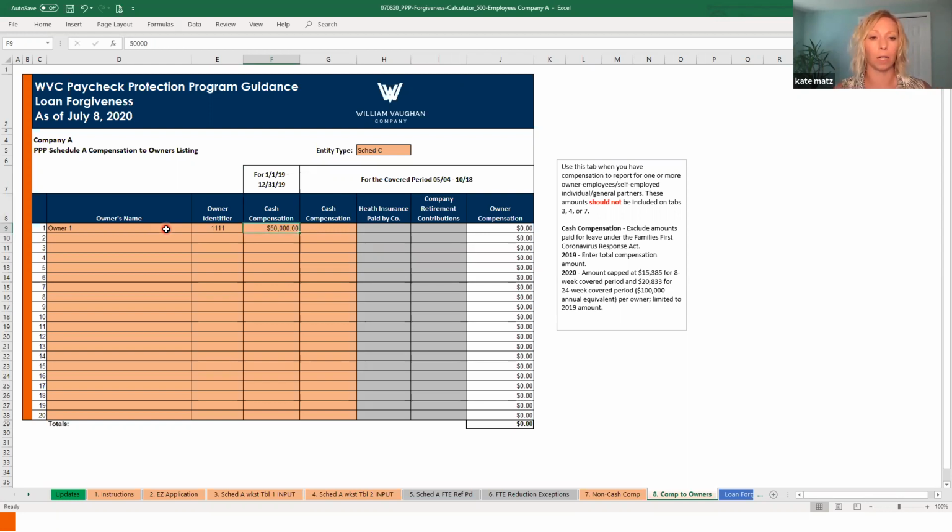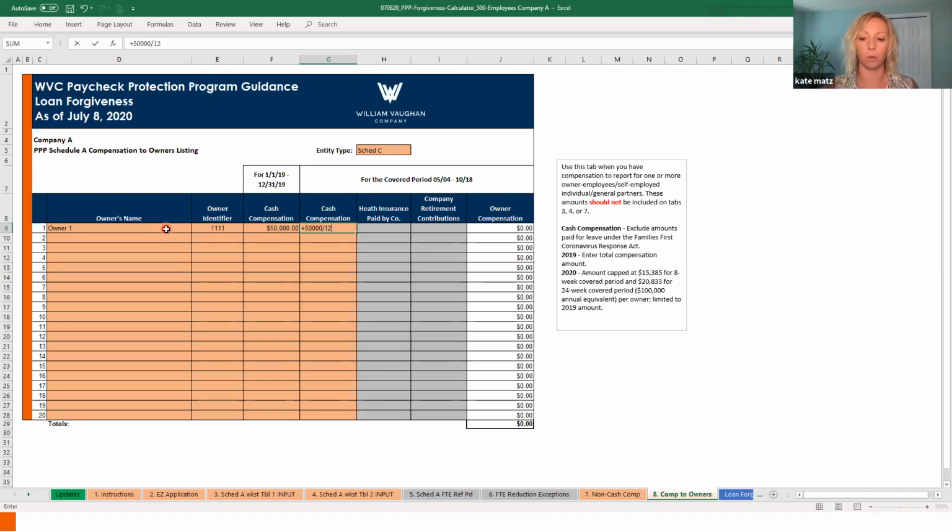Now we come over and we look at the covered period for this individual, and there are some special rules for how you're going to look at compensation for Schedule C folks for the covered period. Basically the rules say that if you are using the 24-week covered period, which we are here, you're going to take your 2019 business income, so that same $50,000, and you're going to take 2.5 months worth of that.